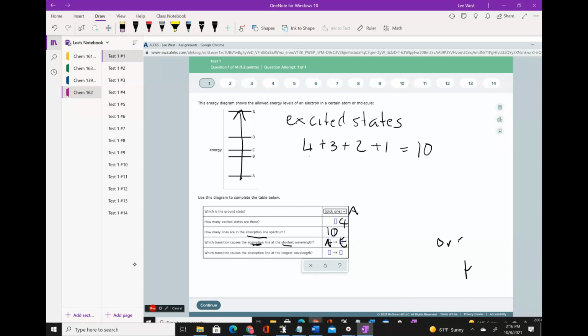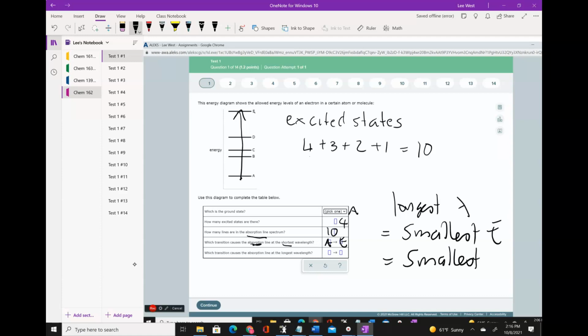Now, the next one says, what transition causes the absorption line at the longest wavelength? So, longest wavelength equals smallest energy, which is equal to the smallest distance, right? So, that's going to be between B and C. And again, because it's an absorption, you've got to be going up.